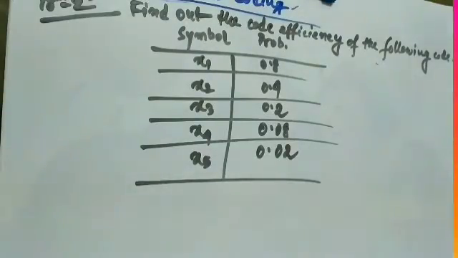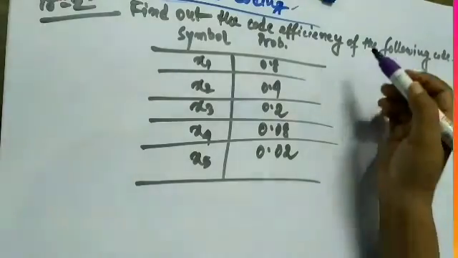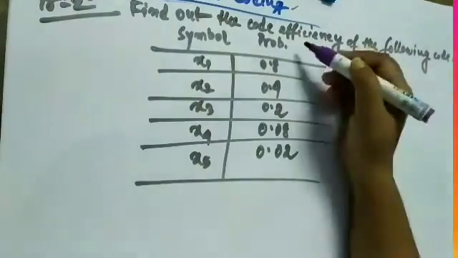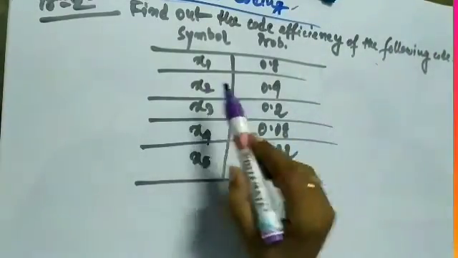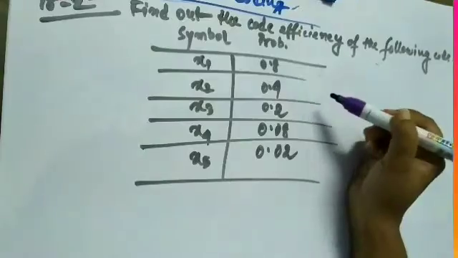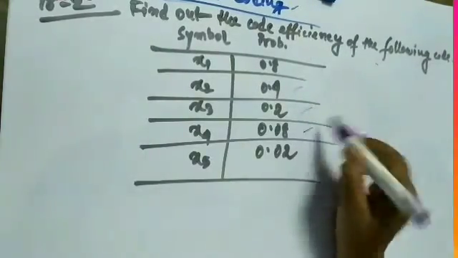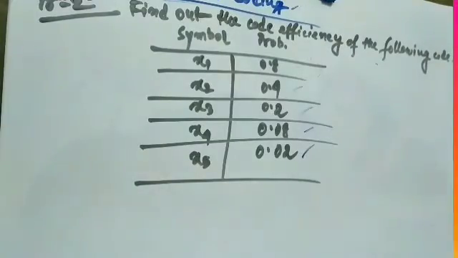So here is another problem in Shannon Fano coding. This problem is to find out the code efficiency of the following code. Symbols and probabilities are given. X1 value will be 0.8, X2 0.4, X3 0.2, X4 0.08 and X5 0.02.